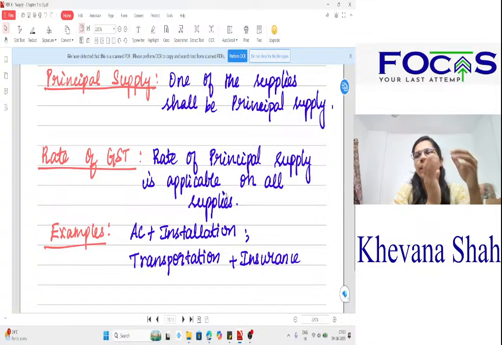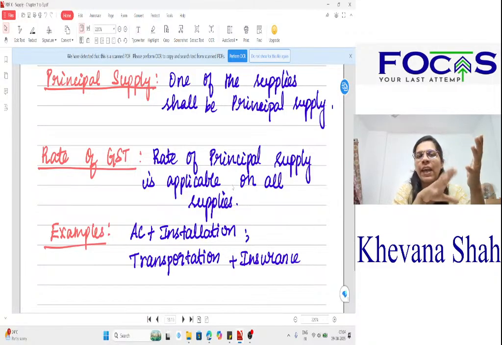Like you cannot sell separately, okay, I'll sell AC and then I'll sell the installation separately. That is naturally not possible, because without installation the AC is not going to work, and without AC you cannot install it. So these are naturally bundled, and your principal supply in this case is your AC and your helping supply is your installation. So whatever rate is applicable on the supply of goods of AC, the same rate you will apply to the services of installation in this particular case.